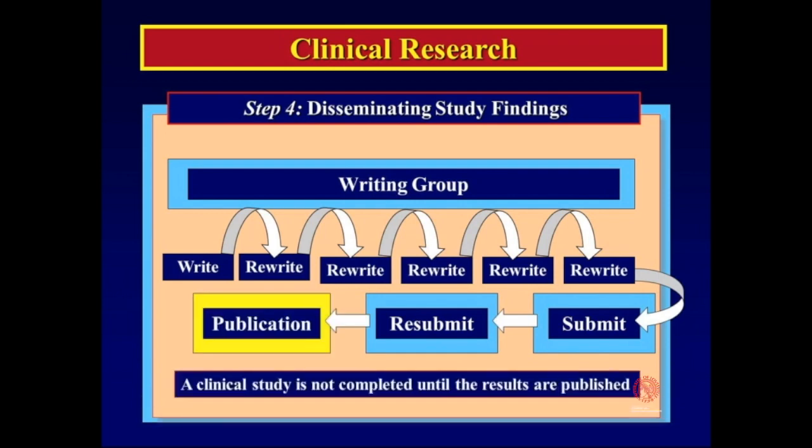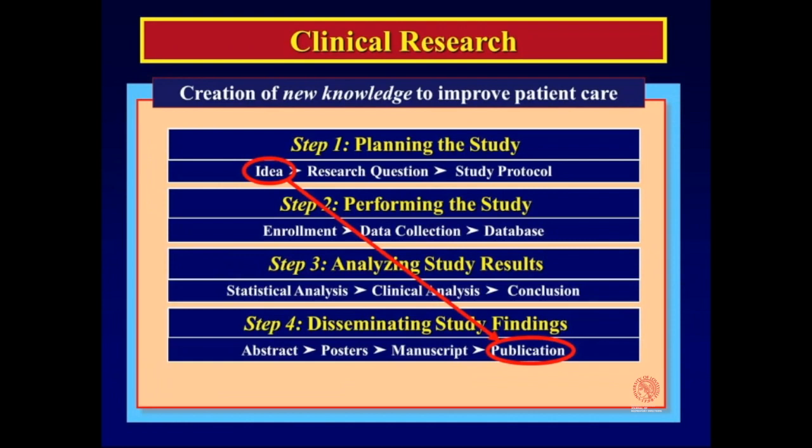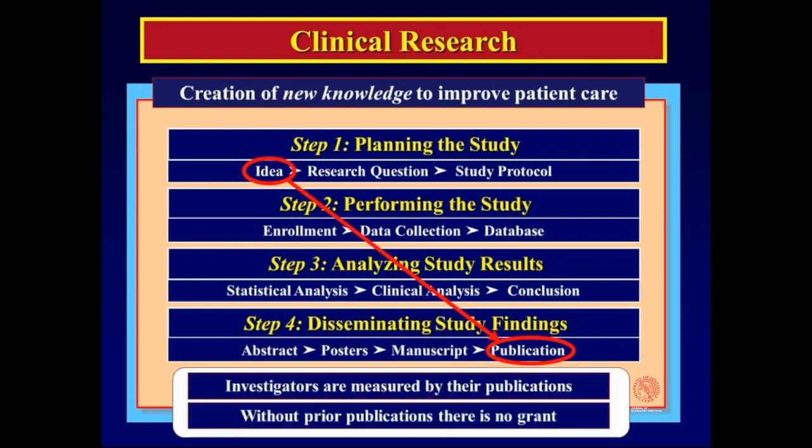A clinical study is not completed until you get your publication in a peer-reviewed journal. This is why our review course that we do every year is from idea to publication, because without publication you didn't finish your study. And this is why there are two statements for publication. One, investigators are measured by their publications.